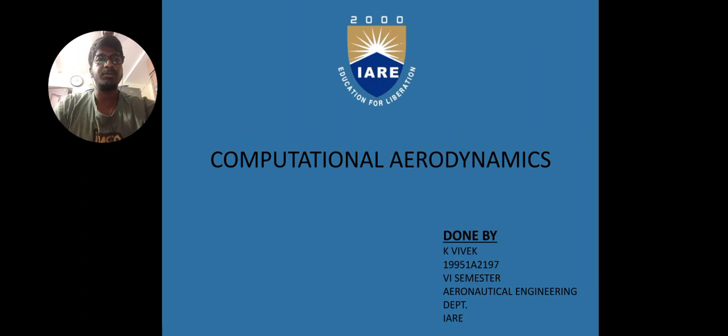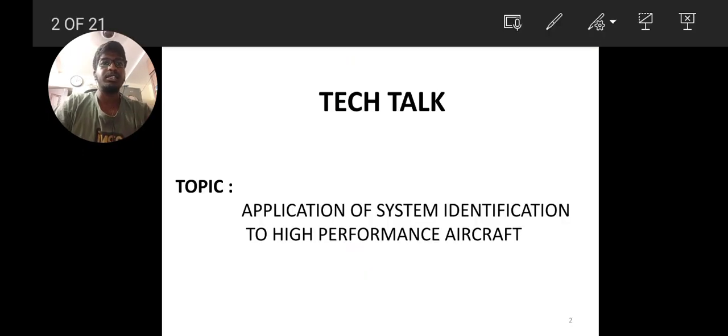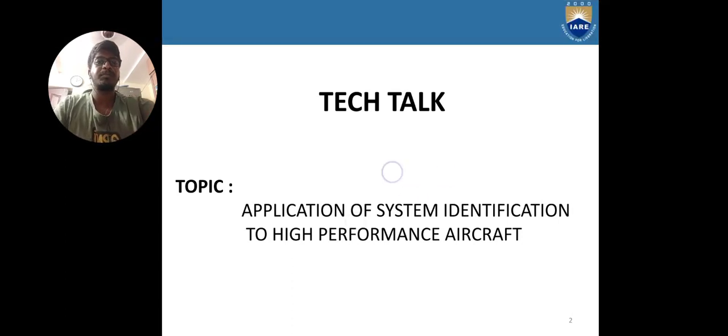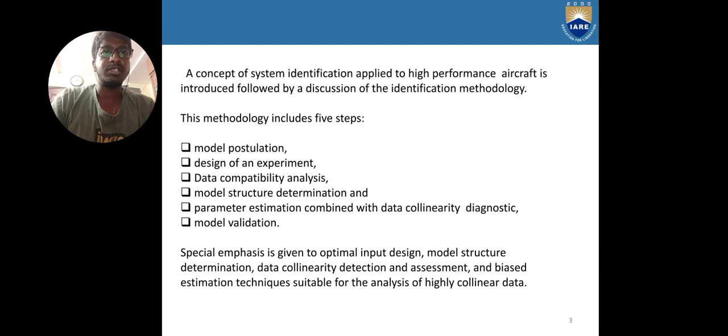Today, in the subject of computational aerodynamics, the Tech Talk topic is the application of system identification to high performance aircraft. The concept of system identification applied to high performance aircraft is introduced by a discussion of the identification methodology.